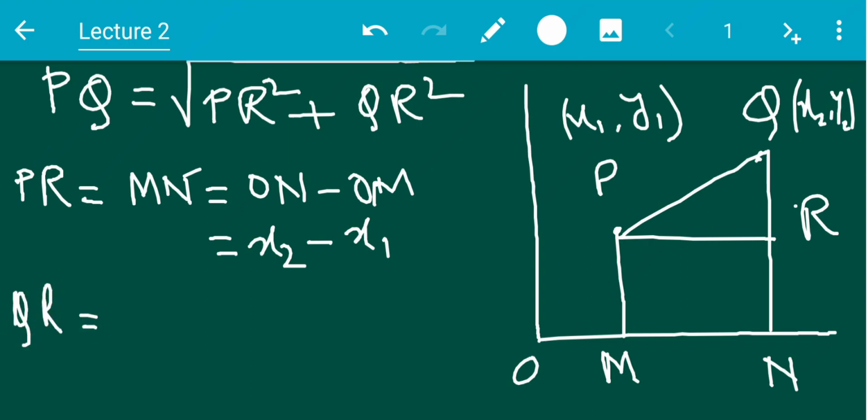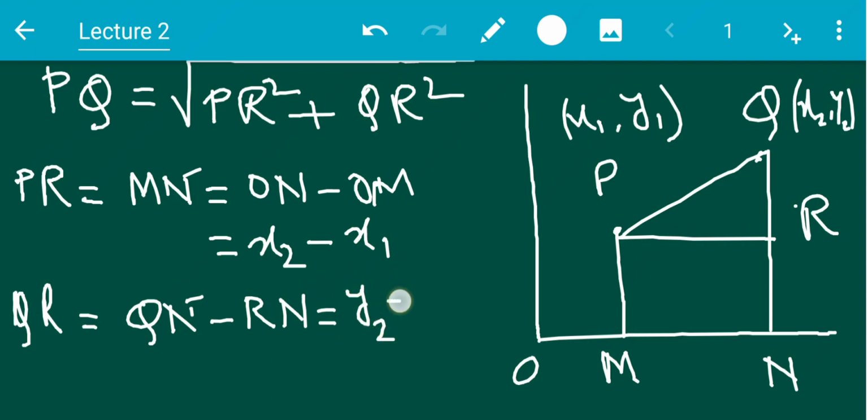Now find QR. QR is nothing but QN minus RN. QN is y2, and RN is the same as PM, which is the y coordinate of P, that is y1.